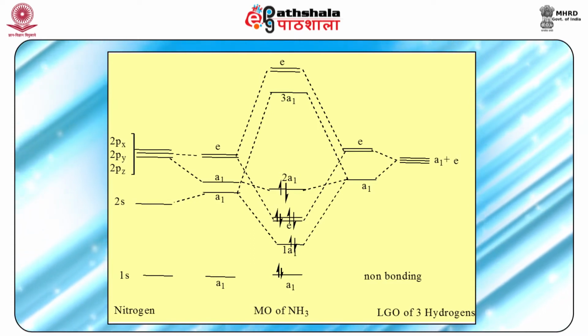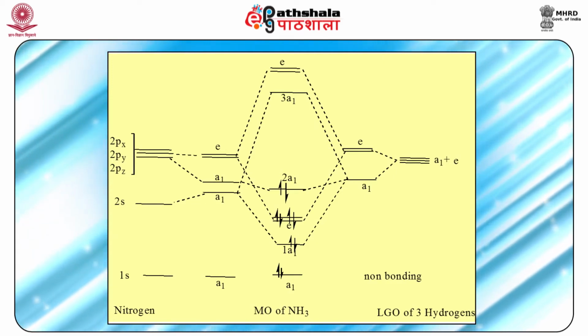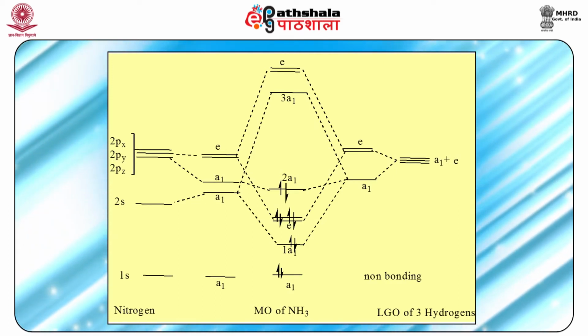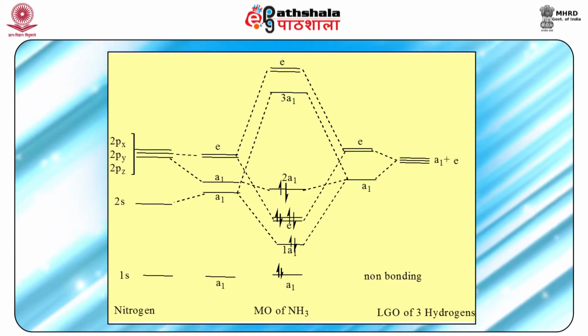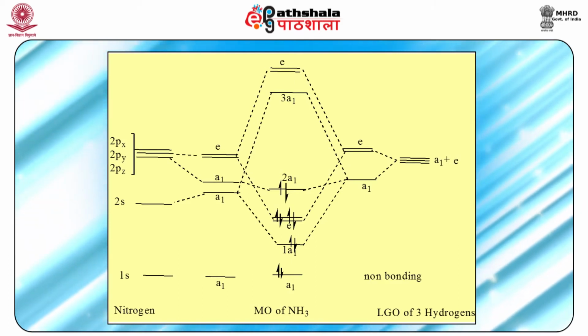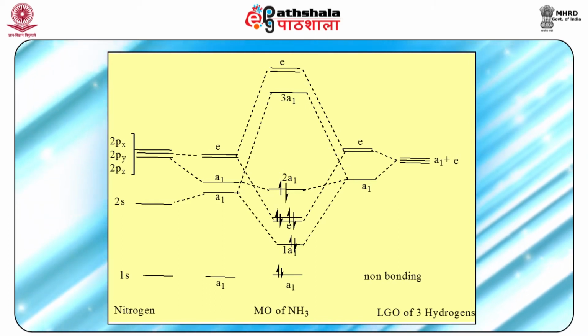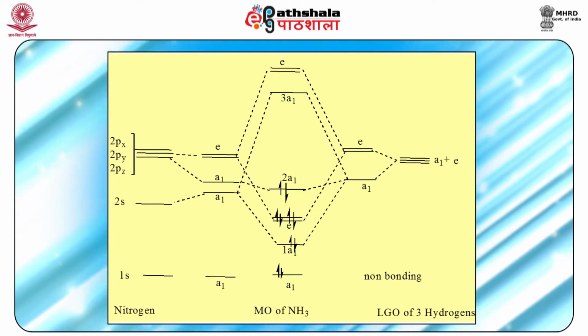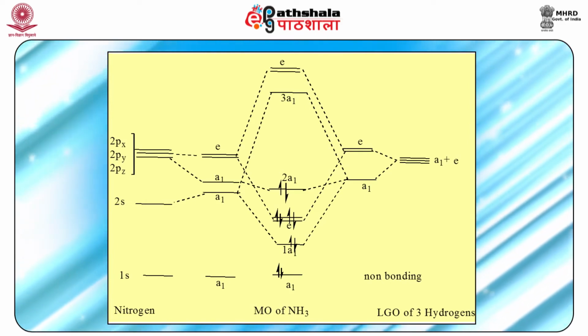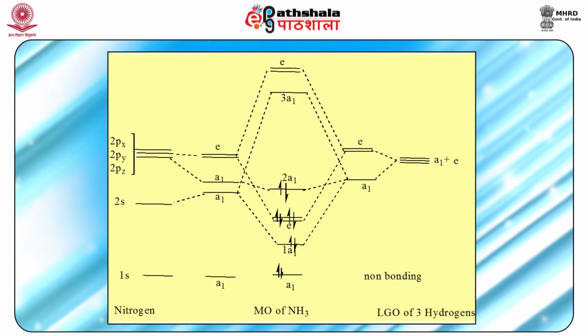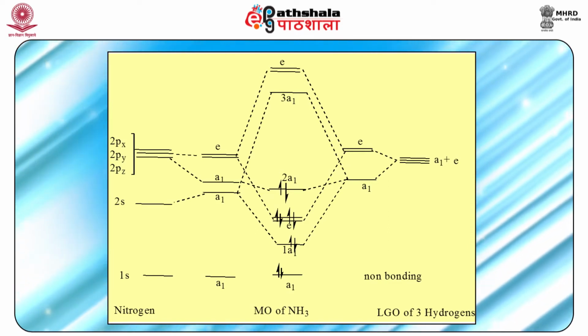These are filled up as per the rules, that is, 2 electrons per molecular orbital. The qualitative picture of the MO diagram of ammonia is shown over here, and again it is a qualitative picture only, that is, the MOs are shown only relative in their energies.